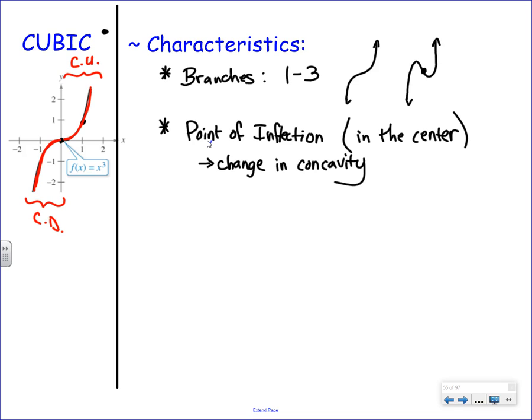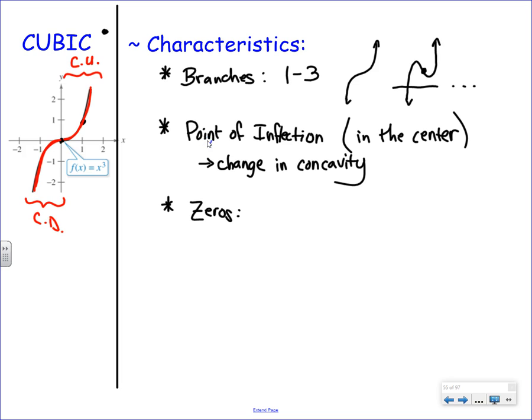I guess we could talk about cubics and zeros. How many zeros could a cubic function have? Up to 3. What are other options though? No, it's not going to have 0. You see how the end behaviors are opposite? It's always going to cross through. It could have 1, if the axis was right there.